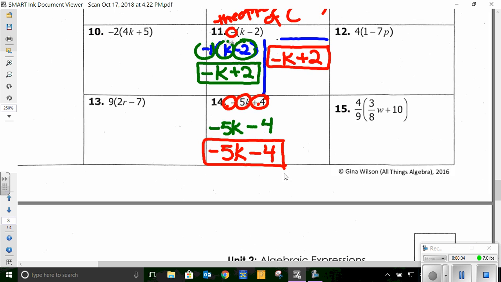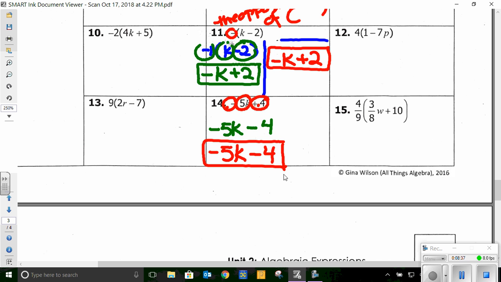All right, on this one, I'm going to go ahead and do this fraction for you. Remember, ladies and gentlemen, you can't get away from the fractions, and you have to leave it as a fraction to solve it. So there's two ways I can do this as well. The first way is I can just go ahead and multiply and then simplify at the end. So I'm going to do it that way.